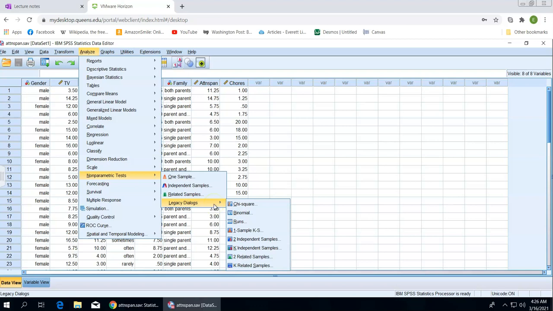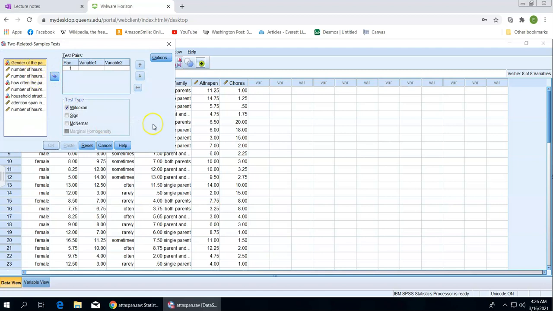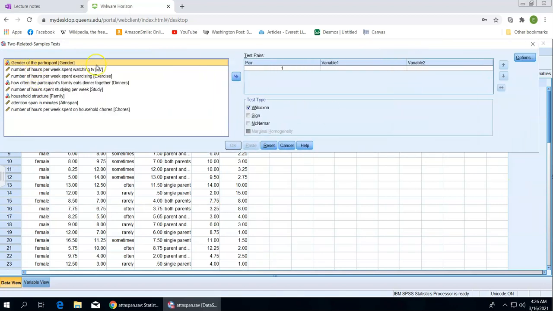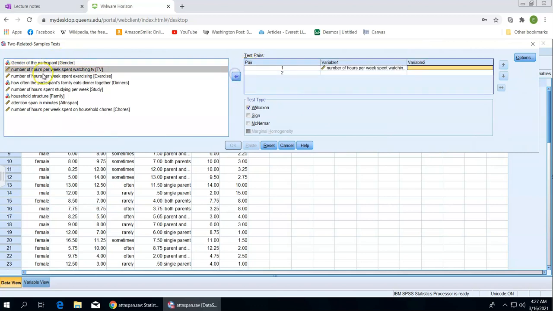So under Legacy Dialogs, we are looking at 2 related samples. And we're just going to take our 2 variables, move them over. So number of hours per week spent watching TV, and number of hours per week spent exercising. And we want to make sure we've got a check mark next to Wilcoxon. And we'll click OK.